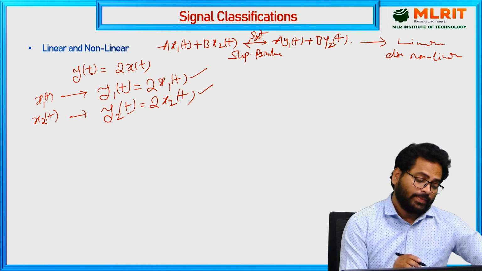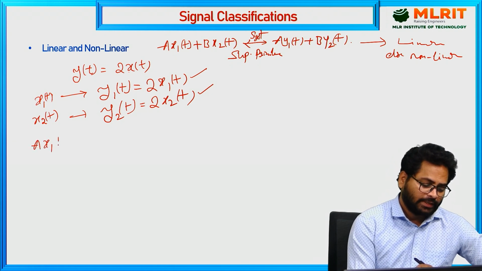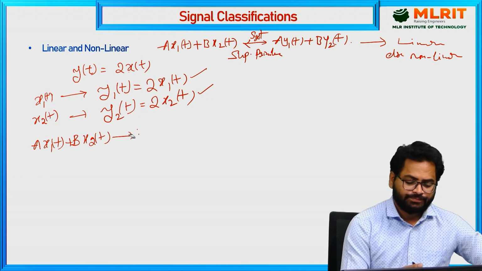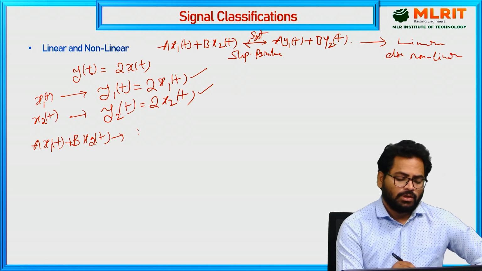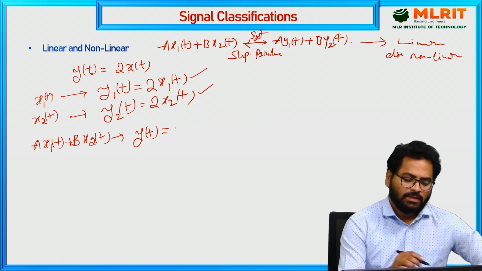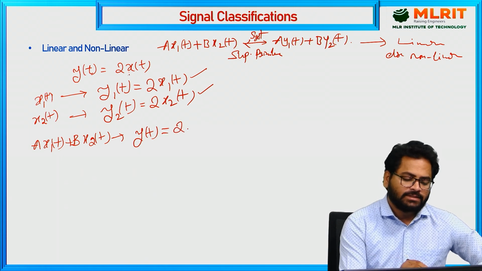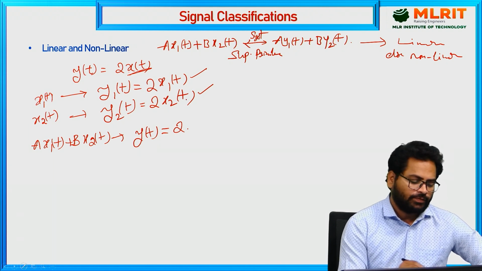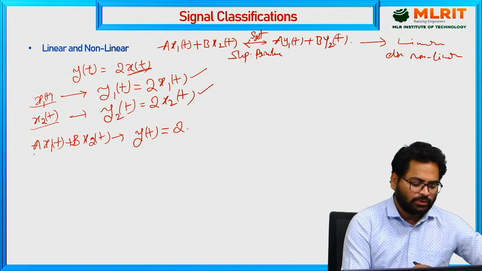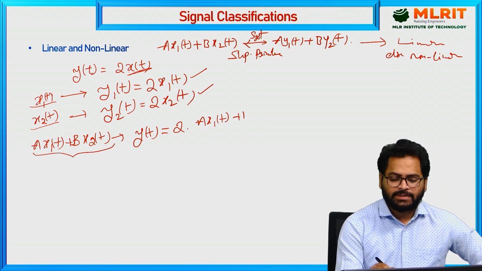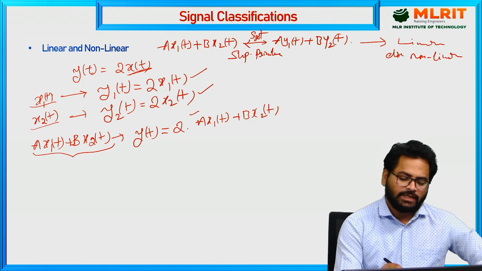Now I am giving, combined, a into x1 of t plus b into x2 of t as the input. This time I am writing the output as y of t, which is obtained by replacing x of t wherever it occurs. Here a into x1 of t plus b into x2 of t is the entire input.